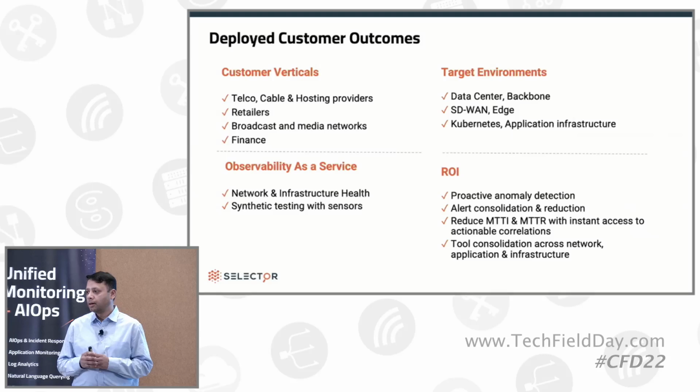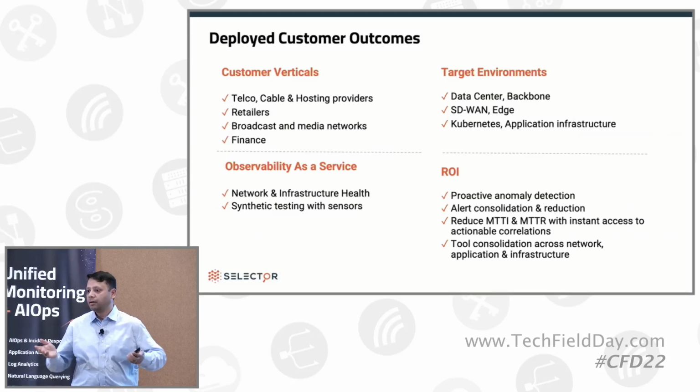Now, what are the top verticals that we have been successful with? Definitely service providers, all the large telcos we have in the US, Canada, and other places. That's primarily, and now we are expanding to other geographies also. Another big segment is retail.